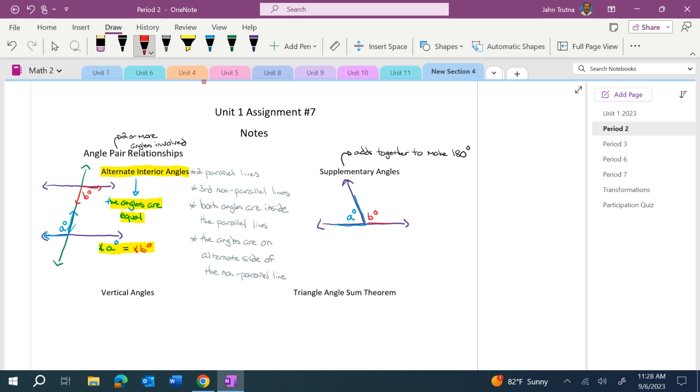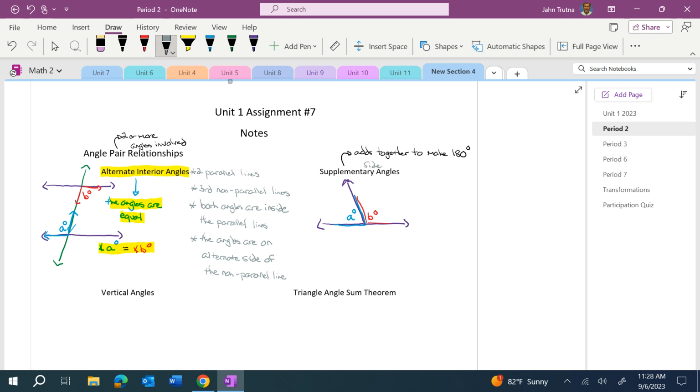The B angle is that one right there. Notice that the A and the B angle share a side right here. This side is a side for both angle A and angle B. But notice that the A angle and the B angle are side by side next to each other. Okay? So whenever this happens, side by side next to each other.